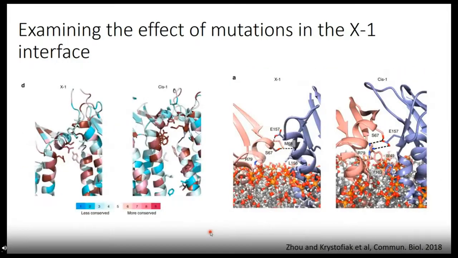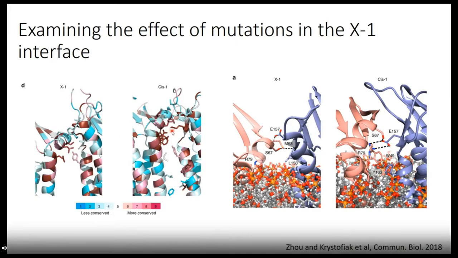So this sent us back to look at what might be going on here and what this interface might also imply about the flexibility we saw in the strands. So we did some analysis on the residues involved in the interface here, and we found that there are actually some very conserved residues among all the different Claudins, suggesting they're probably important in the interface.